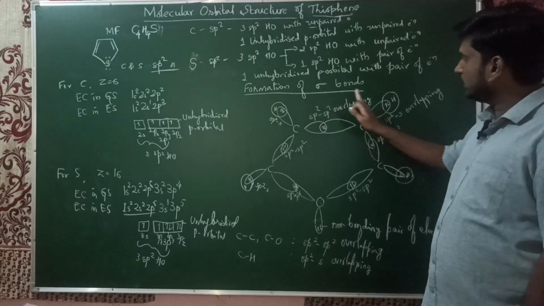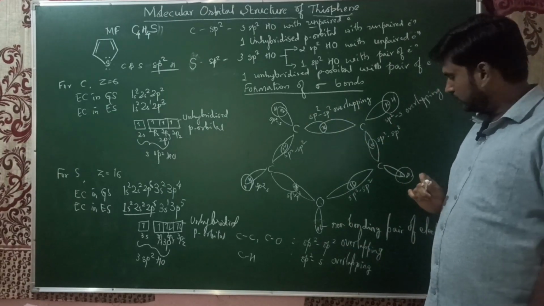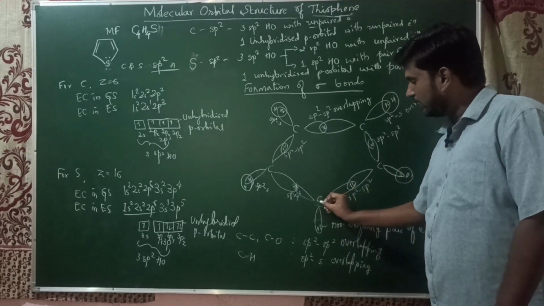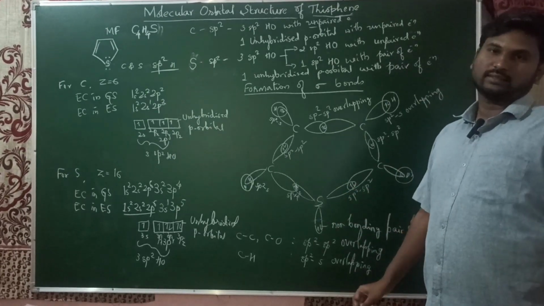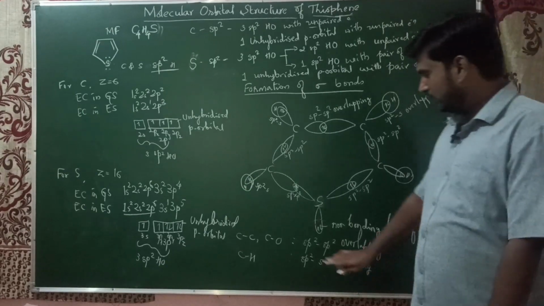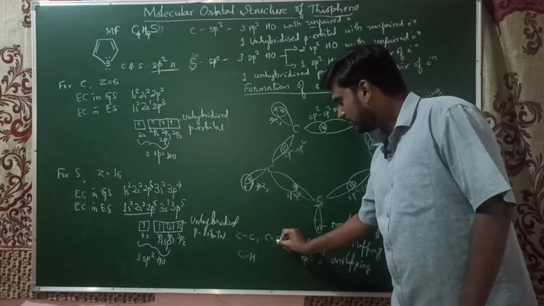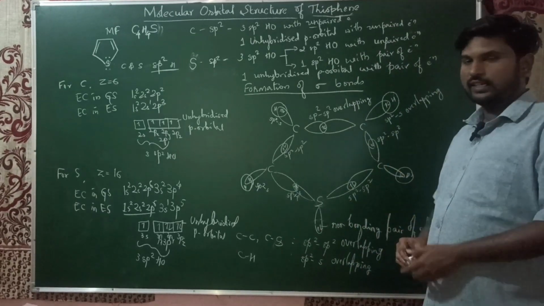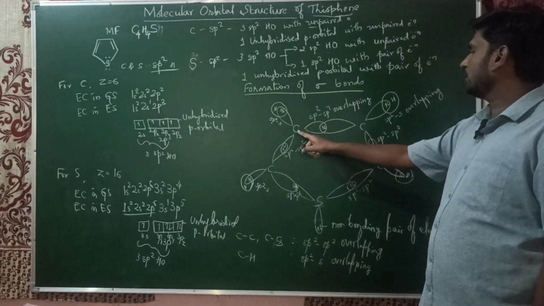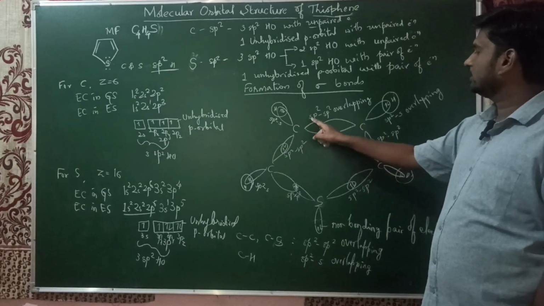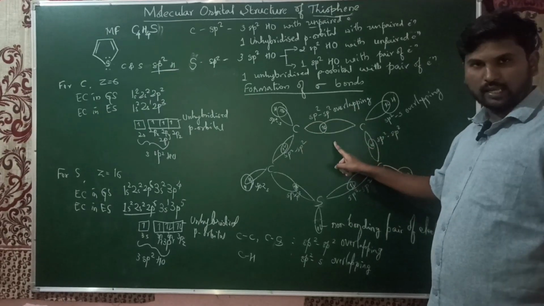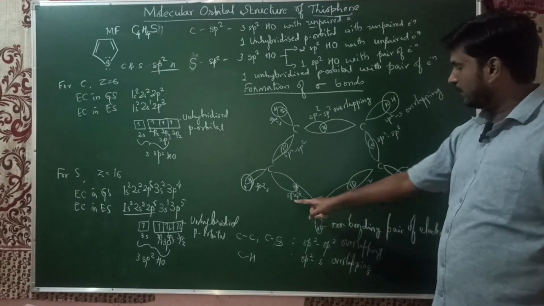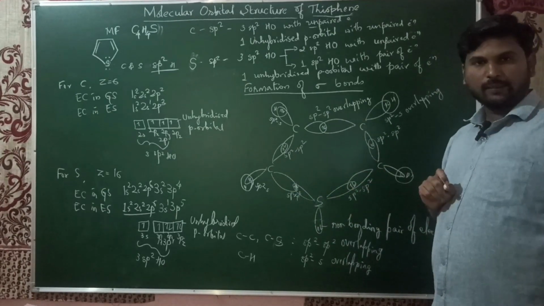Now for the formation of sigma bonds, if I just replace oxygen by sulfur, it is done. All carbon-carbon sigma bonds are formed by sp2 overlapping, and carbon-sulfur bonds are formed by sp2 overlapping.